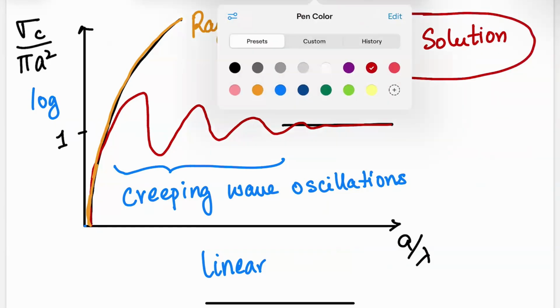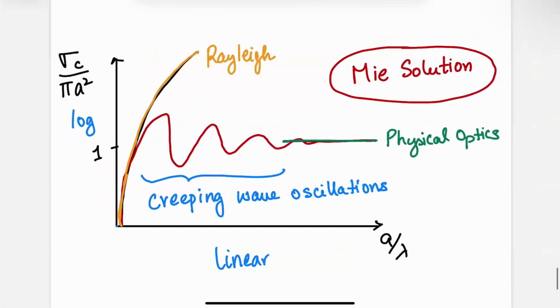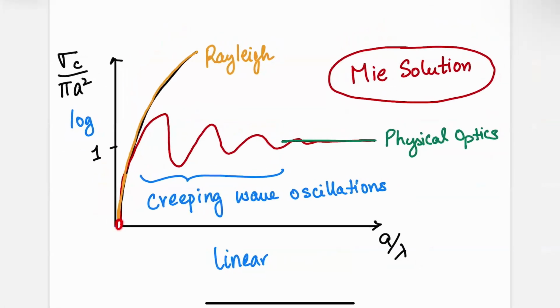I should maybe use a different color. This high frequency limit is called physical optics. This puts a lot of things into perspective. We have this Rayleigh limit.